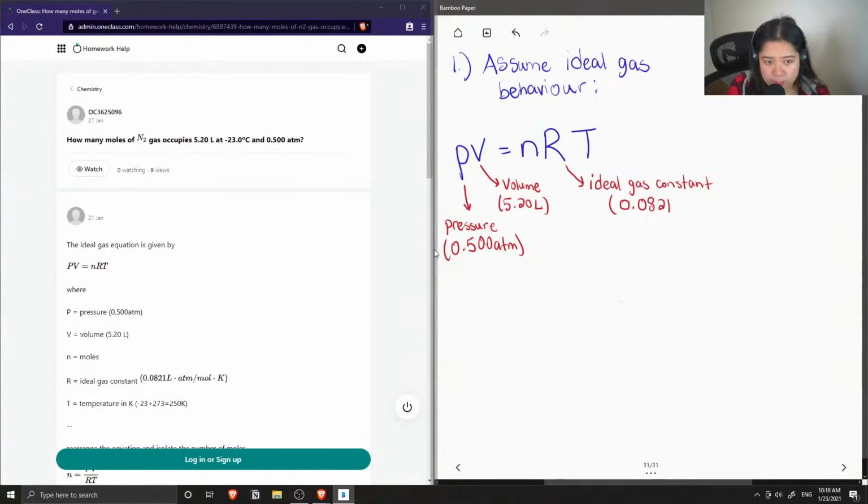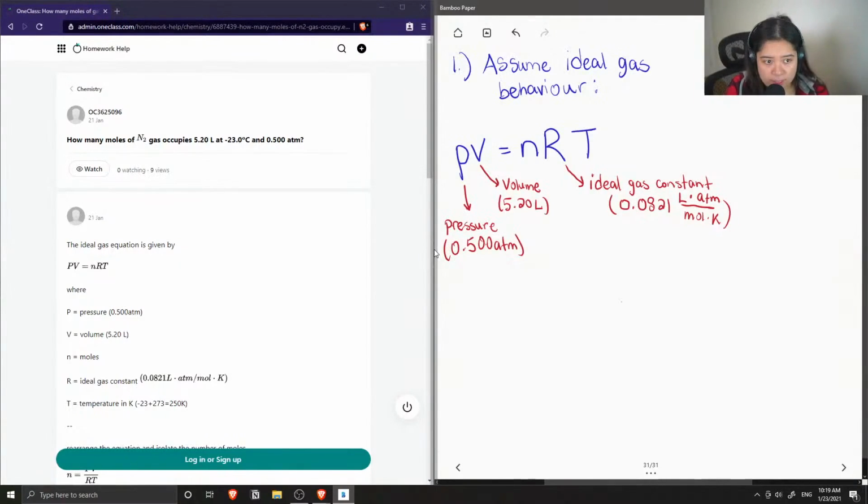And the reason why is because its units are in liters times atm divided by mole times Kelvin. So since our volume is in liters and our pressure is in atm, then we can use this ideal gas constant.